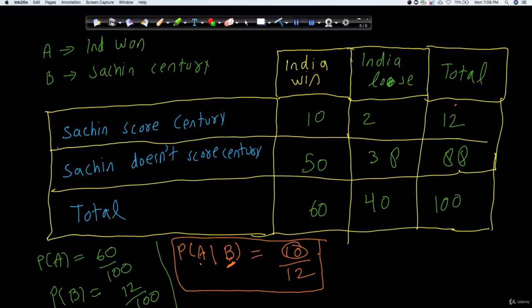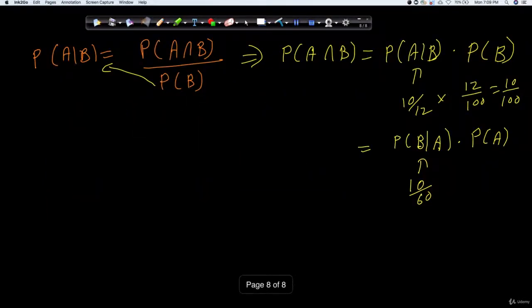This is 60, and both events occur 10 times. That's the reason for 10 divided by 60. By now, I hope everybody has become an expert in this calculation. Now times probability of A, meaning probability of India winning, 60 by 100. If you compute this, this is also 10 by 100, right? Actually, if you do computations like this for any term, you will get exactly the same output.